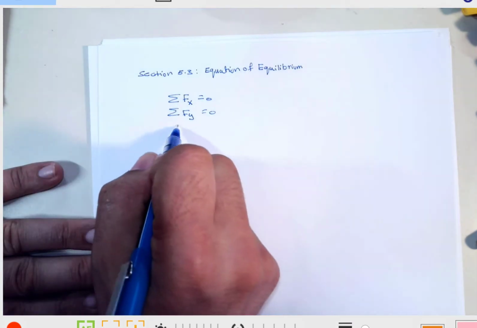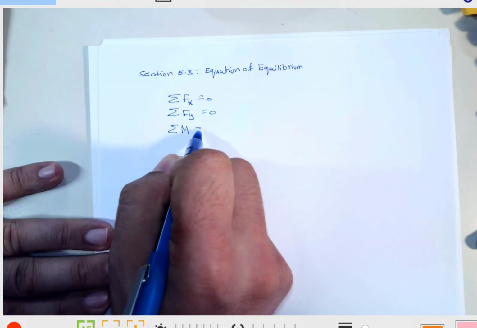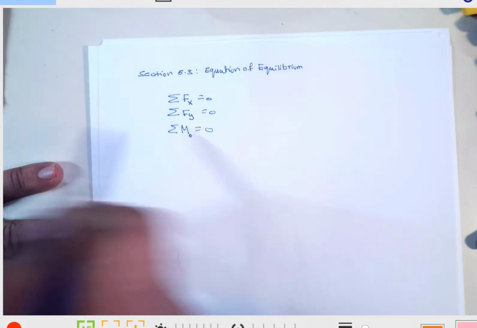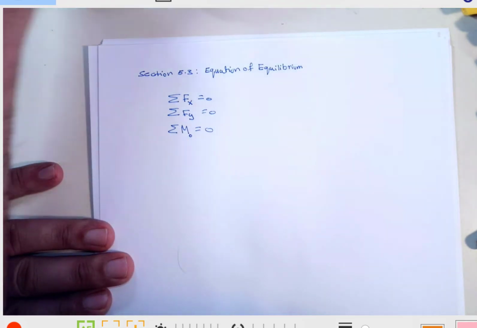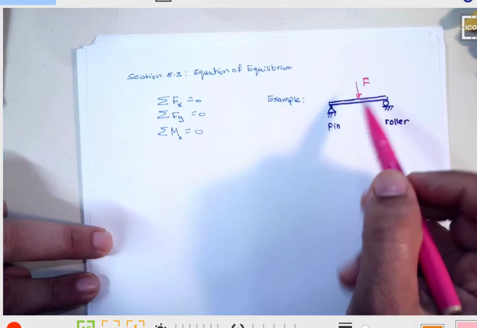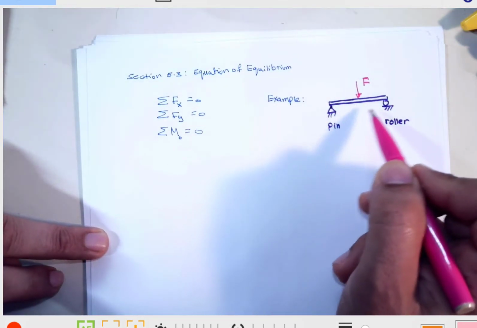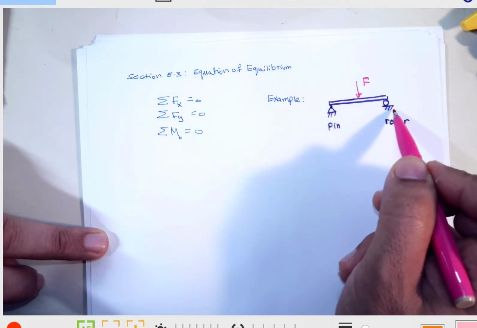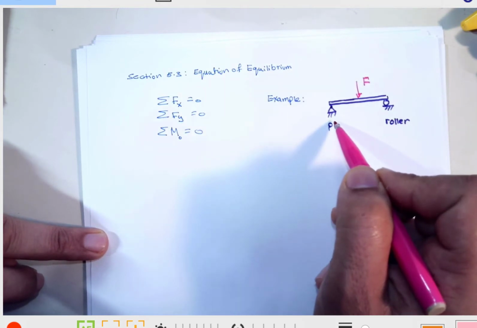But if we have an object, we require that the moment about any point O, and this is within the object, must also be equal to 0. Let's take this example. We have a beam supported at two ends. One is simply supported with a roller and the other is pinned.